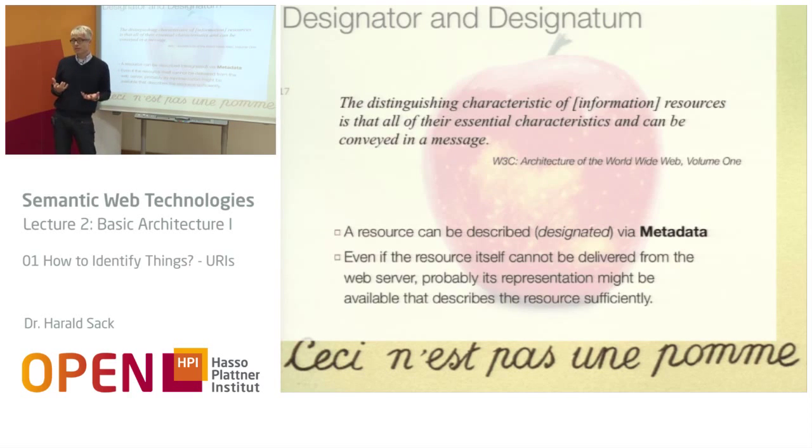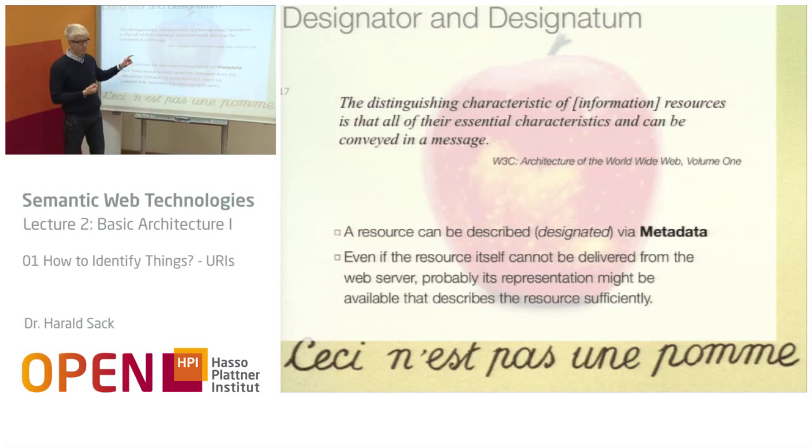And a resource in that sense can be described or designated by its metadata. And the thing is, if I ask on the web for the Eiffel Tower, of course not the Eiffel Tower will be delivered, but information about the Eiffel Tower. It means a representation of this object of the real world will be delivered and will get back to me.